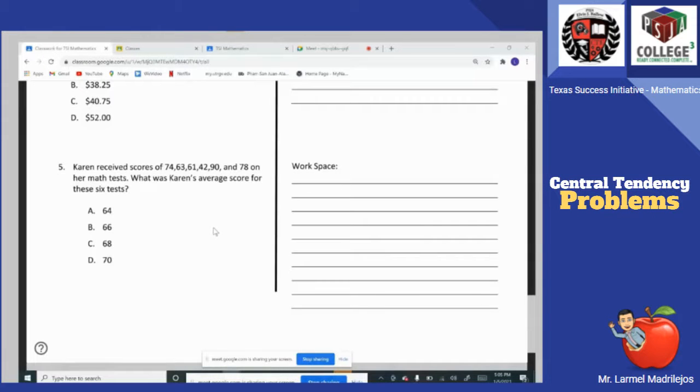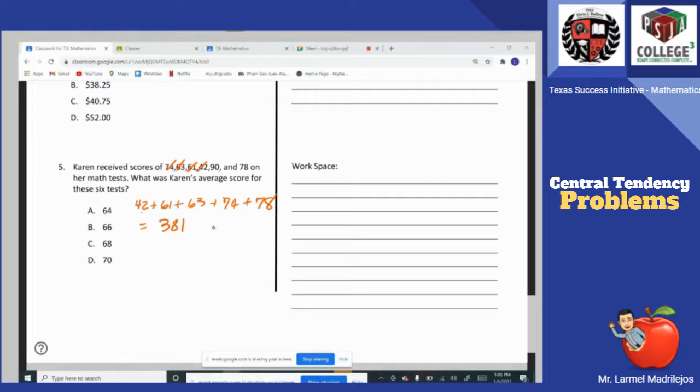Let me rewrite that in order: 42 plus 61 plus 63 plus 74 plus 78. Okay, now if I add that, it equals 381.